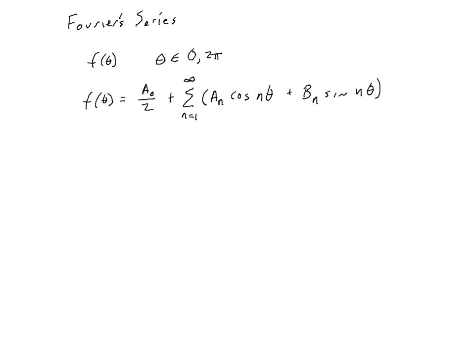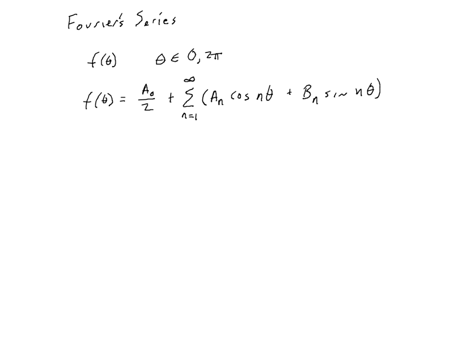The reason this works is that a sub n and b sub n are just coefficients. They could be 0, they could be imaginary, we don't know what they are. But cosine, of course, is periodic. When you put in the n, if n equals 1, then obviously you get the same answer at 0 and 2 pi.